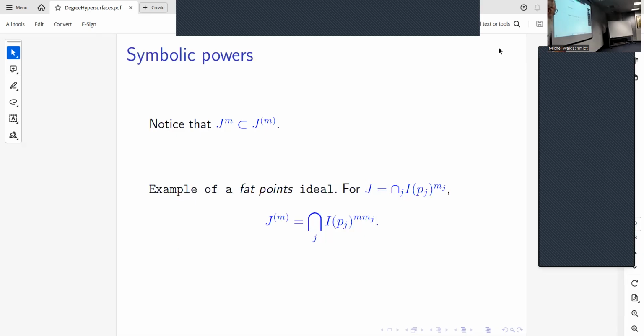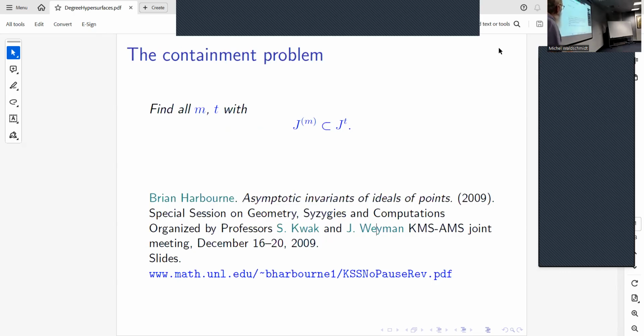And now the result which I explained before is that the symbolic power is contained in this intersection with the exponent n. So the containment problem is to see when J^n is contained in J symbolic.